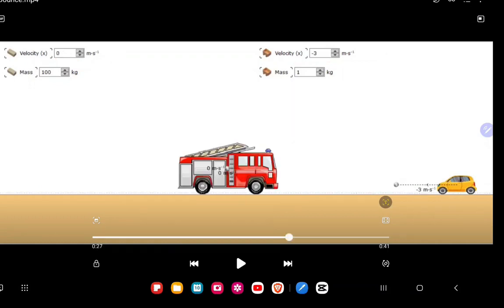Now let's consider the other case. Now the velocity for the small car is minus 3, because it is directed this way, and the velocity for the large one is 0.